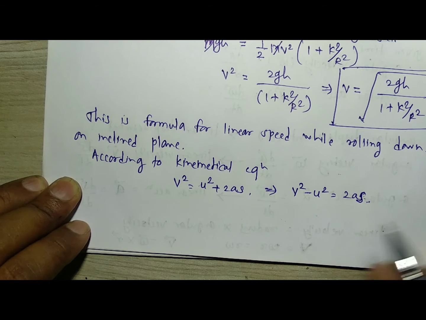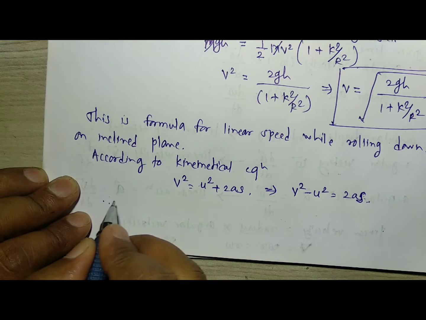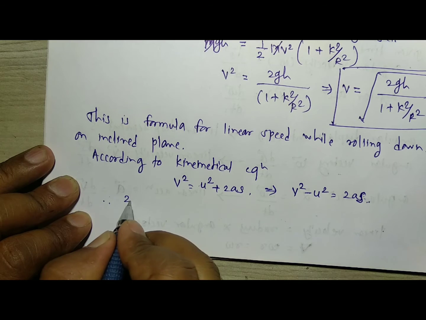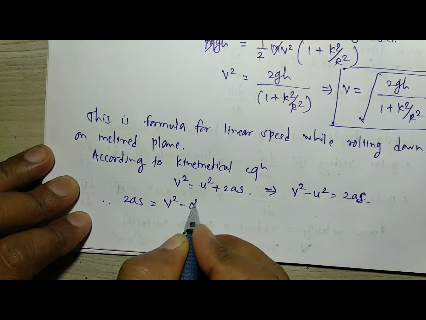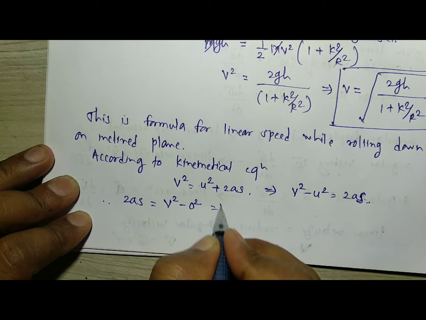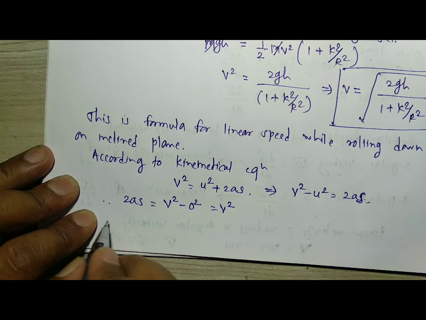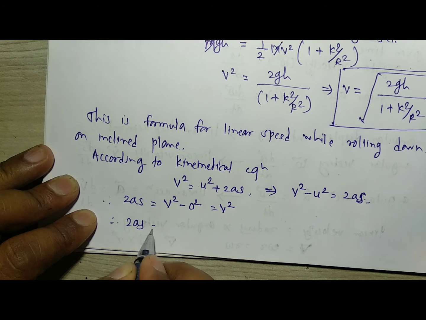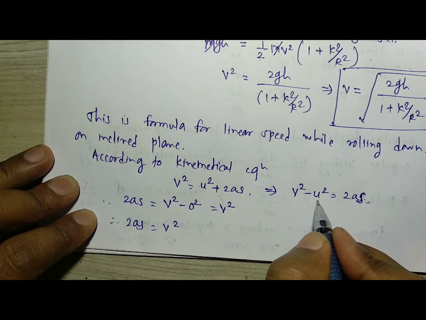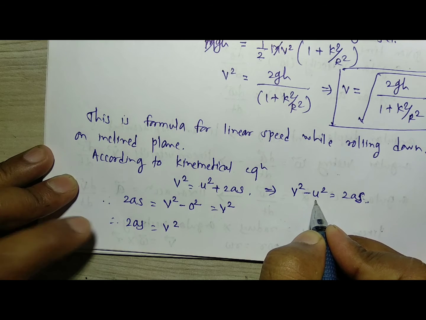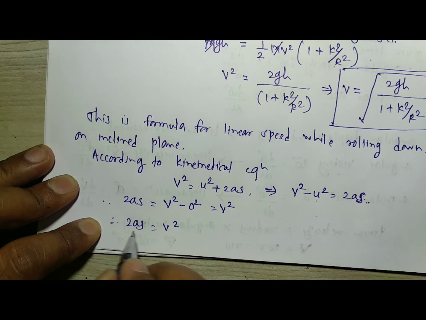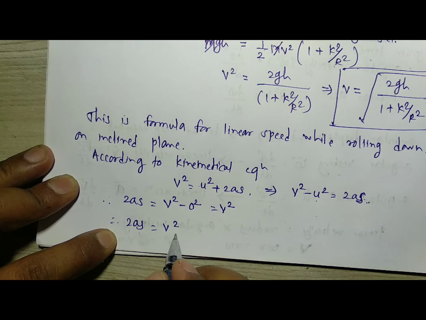Therefore 2as is equal to v square minus 0 square, because u is the initial velocity and we know that the initial velocity is equal to 0. Putting those values, you will get 2as is equal to v square.